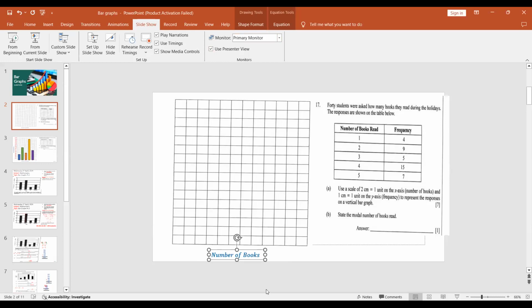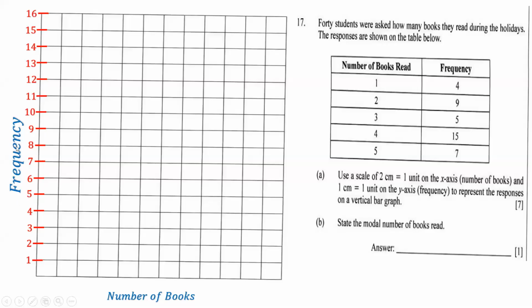So for the y-axis, this is our labeling. Let me just show you. So we have frequency, and then we have 1, 2, 3, 4, 5, 6, 7, 8, 9, 10, 11, 12, 13, 14, 15, and 16. And they told us 1 centimeter to 1 unit on the y-axis, and that's going to be the frequency.